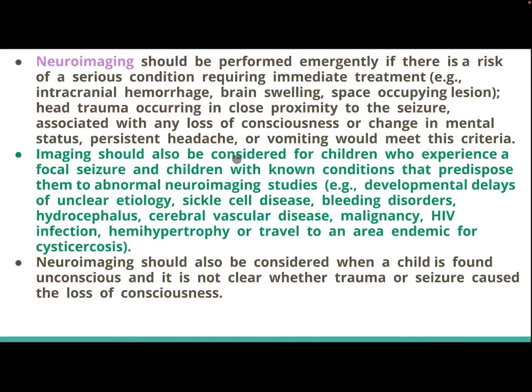Imaging should also be considered for children who experience a focal seizure and children with known conditions that predispose them to abnormal neuroimaging studies, like developmental delay of unclear etiology, sickle cell disease, bleeding disorder, hydrocephalus, cerebral vascular disease, malignancy, HIV infection, hemihypertrophy, or travel to an area endemic for cysticercosis.